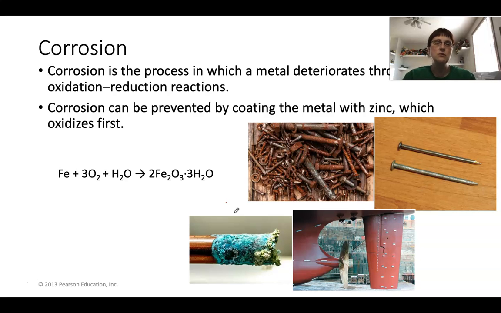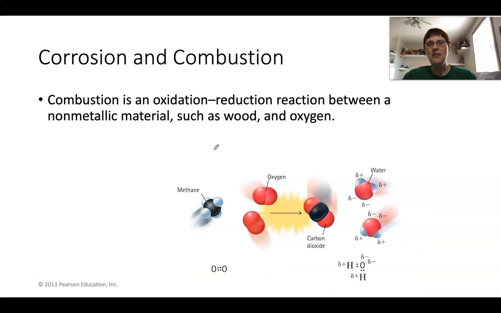Because most of our metals will undergo the corrosion process with these oxidation reduction reactions, where they don't always have to interact with oxygen, but often do, to create these new materials that are generally not as beneficial for what we're trying to do. The last one, so we talked corrosion, now combustion. Combustion is another oxidation reduction reaction. So again, very often does involve oxygen.